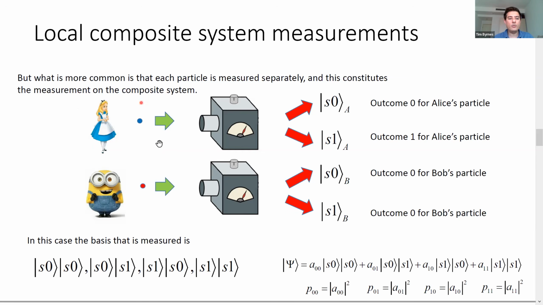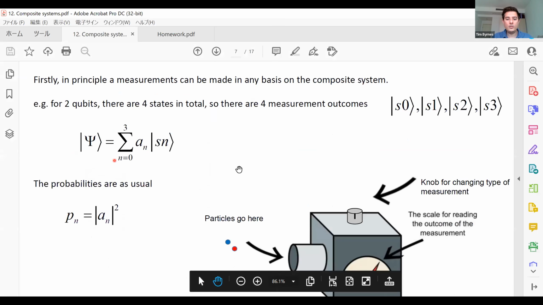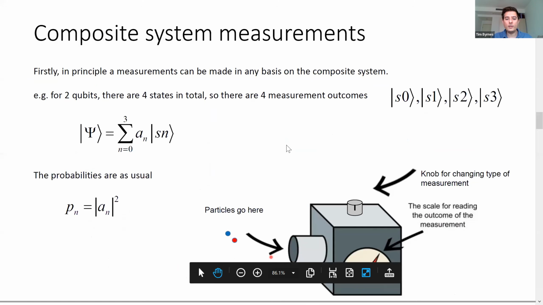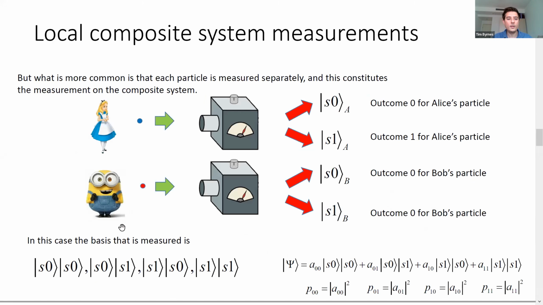Remember Alice has one of these particles and Bob has one of these particles. Even though previously I said that in general you have these 2 particles going into the same machine, and indeed you can have such measurement devices, right?